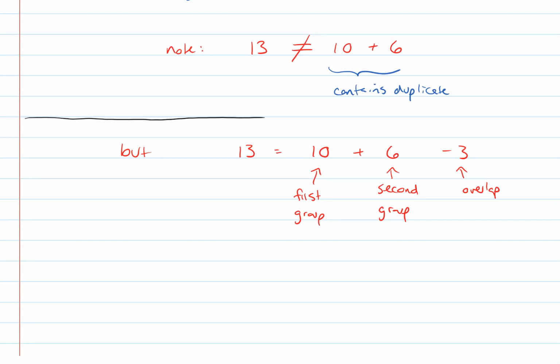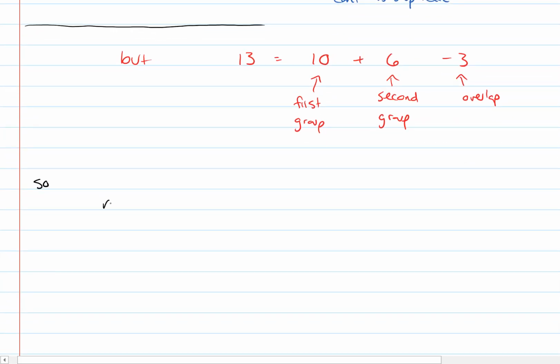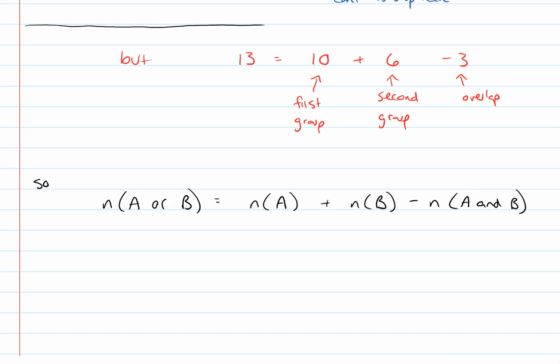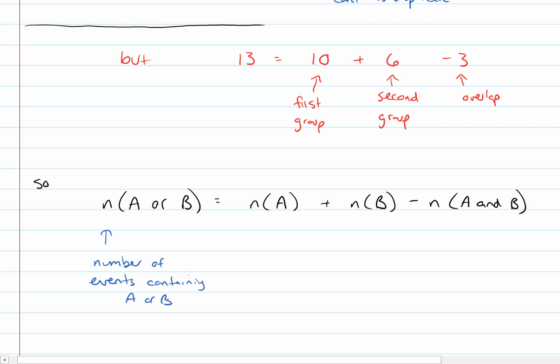And the addition rule is the following. It says that the number in A or B is equal to the number in group A plus the number in group B minus the number in group A and B. Or if you like to think about it using a stats perspective, this is the number of events containing A or B is equal to the number in group A plus the number in group B minus the number in both.